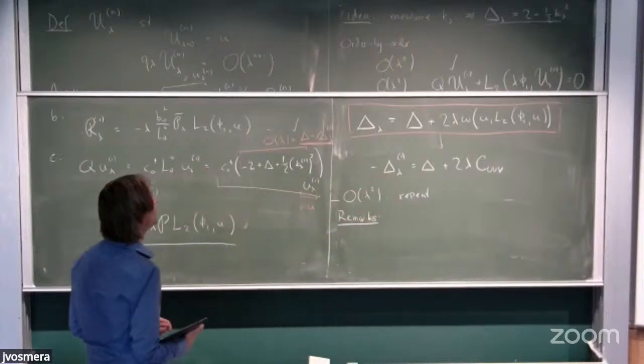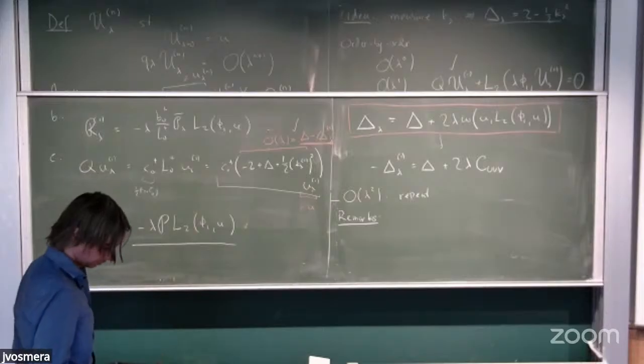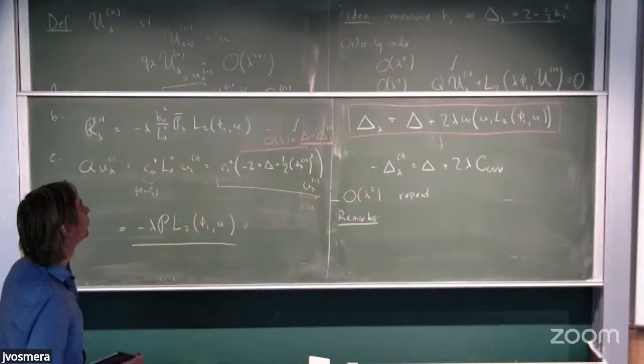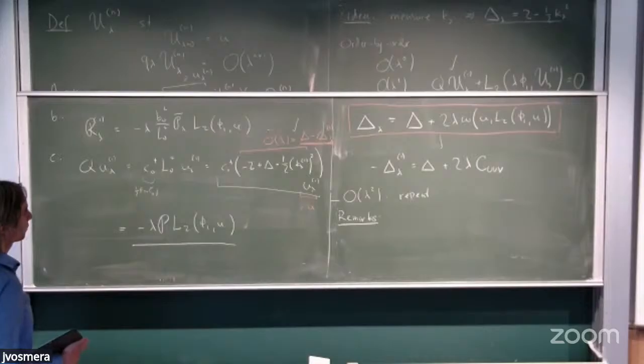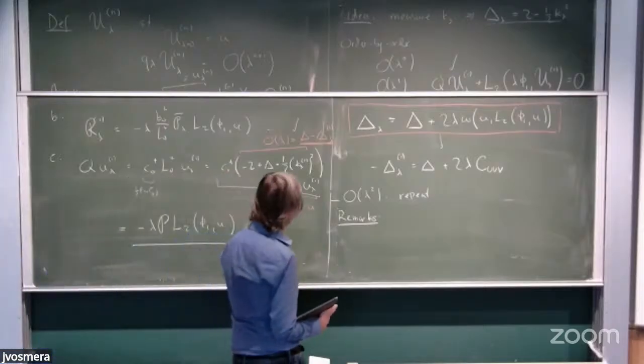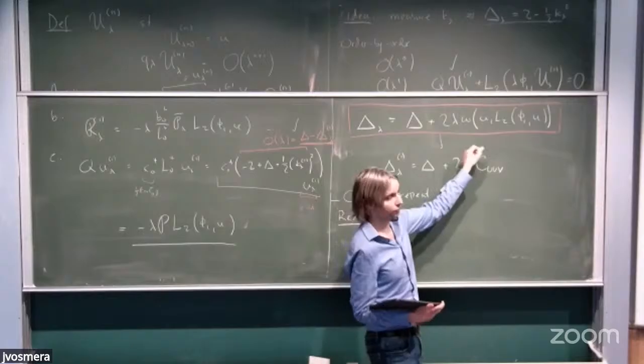To which order have people been able to go in the case of the closed strings? I have seen explicit results in papers up to order lambda squared, because at order lambda squared you will already encounter not just L2 but also L3.